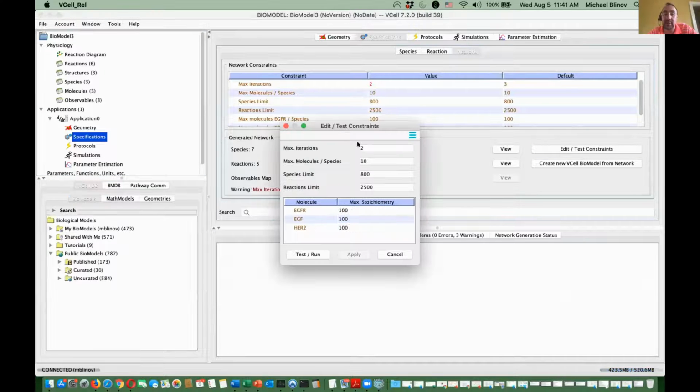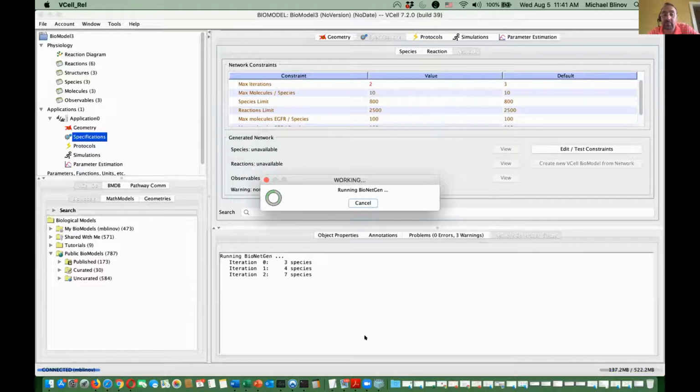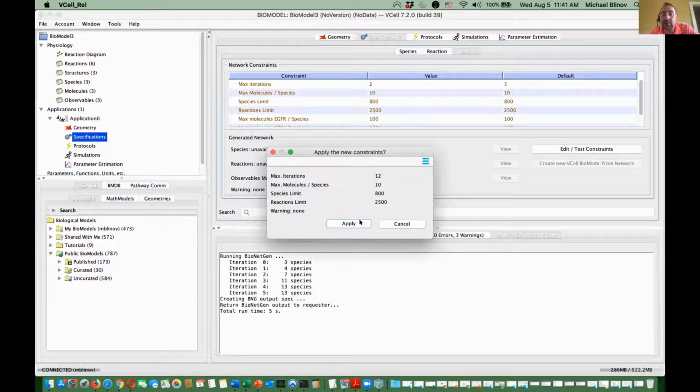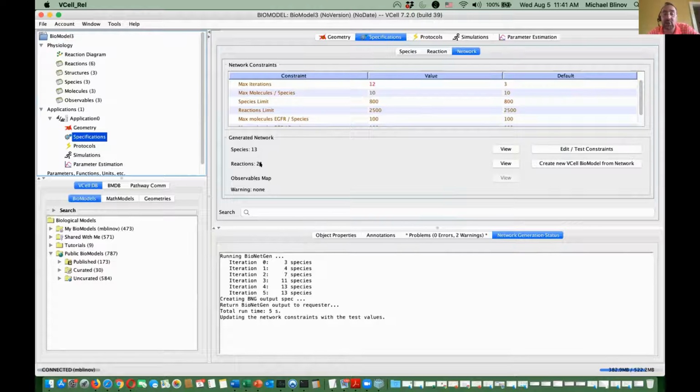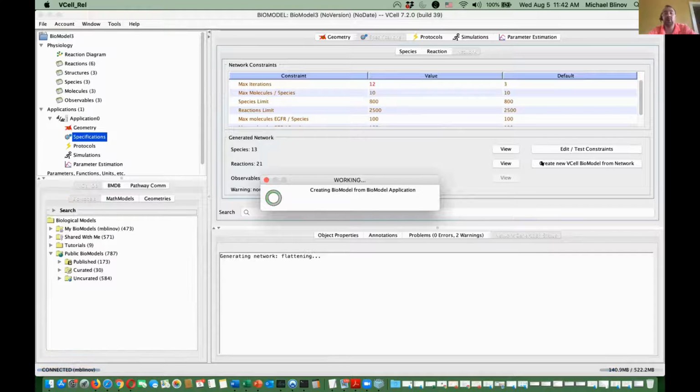So we put 12 iterations, and then there are other types of constraints. We can have molecule, species. So test run, and the simple system ended up with 13 species and 21 interactions, and this is all that may happen. And you can now create this biomodel, and this is how BioNetGen works.